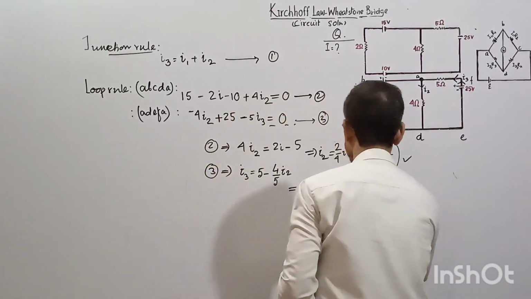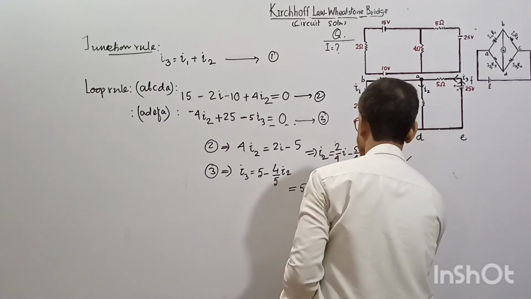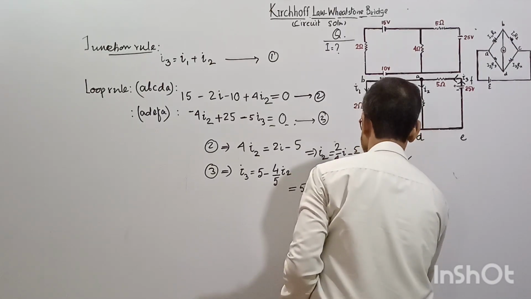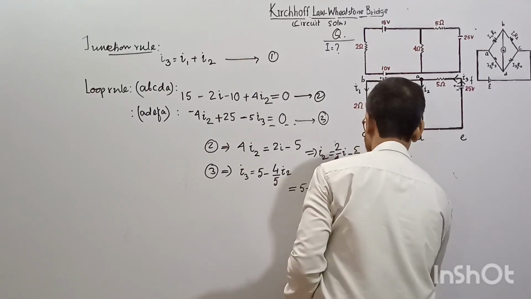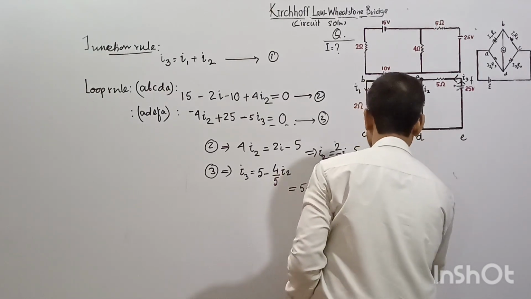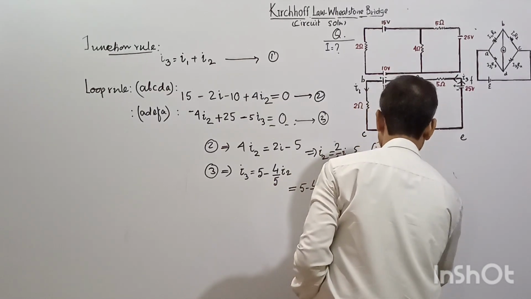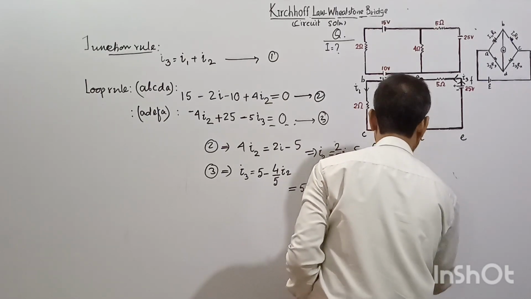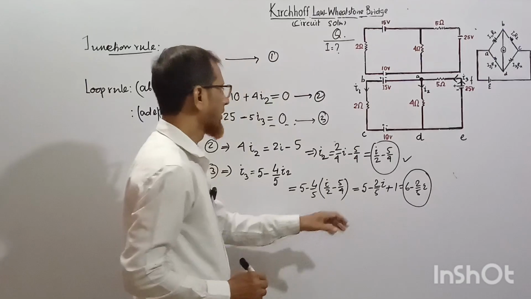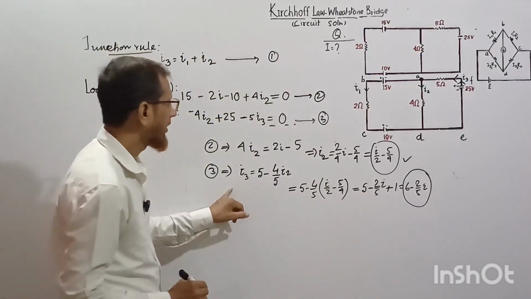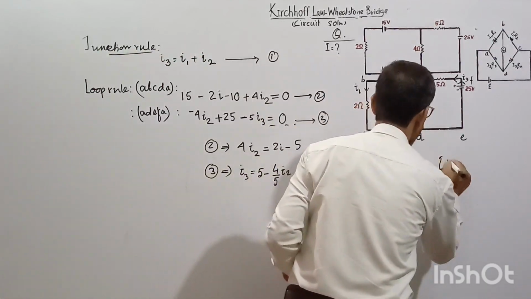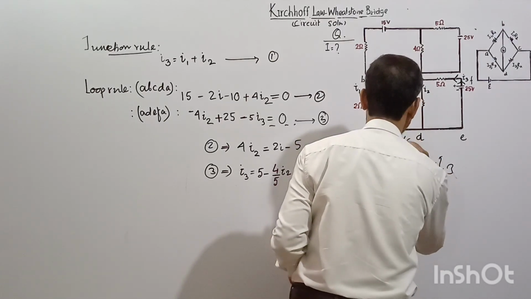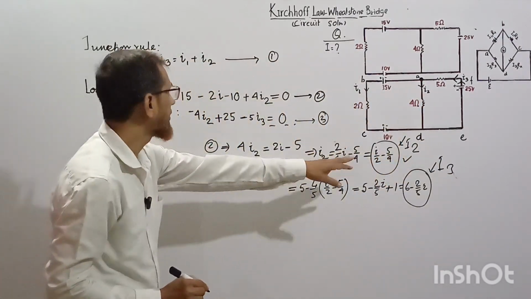Simple calculation gives 6 minus 2 by 5 I. So this is the value of I3. This is I3 and this is I2. Simple, we have got I2 and I3.